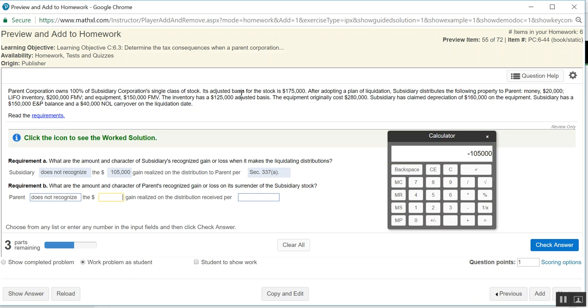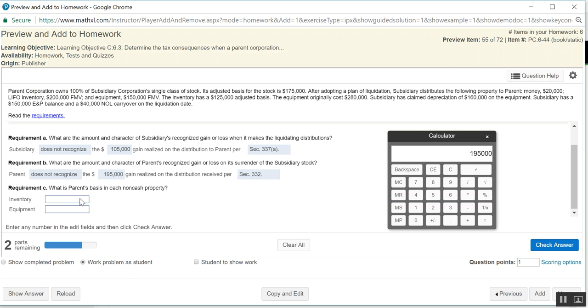So that's 350 plus 20 is 370. And we subtract from that its basis of stock in S, which is 175. So its realized gain is 195, and it's not going to recognize that, per 332.